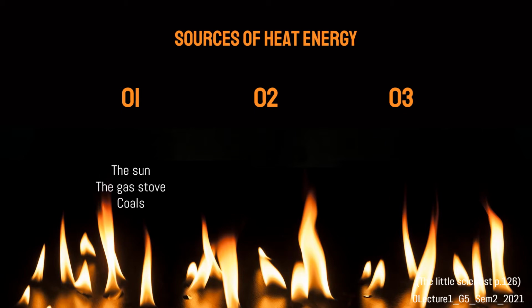When something burns, so there are things burning in the sun, the gas in a stove burns to produce heat, coal burns also to produce heat, the gasoline burns to produce heat. Everything that burns is using a chemical energy, and it's the chemical energy that changes into heat energy.